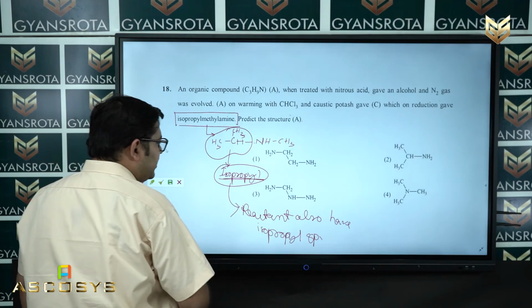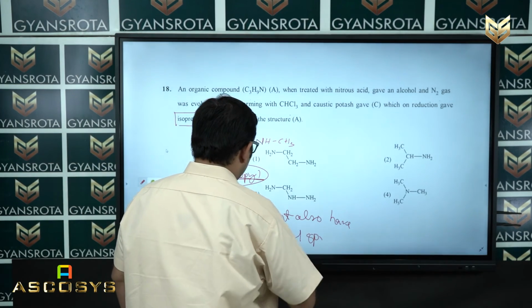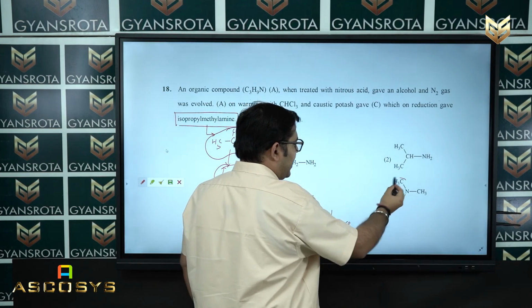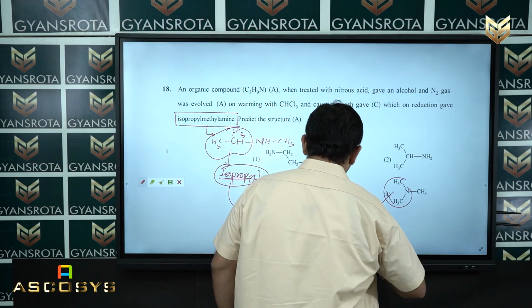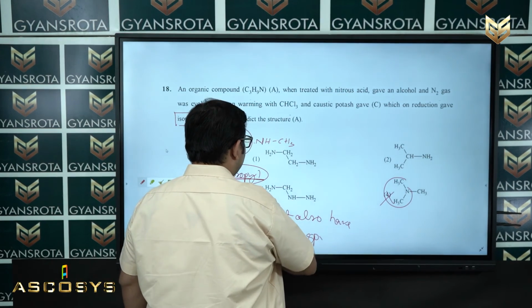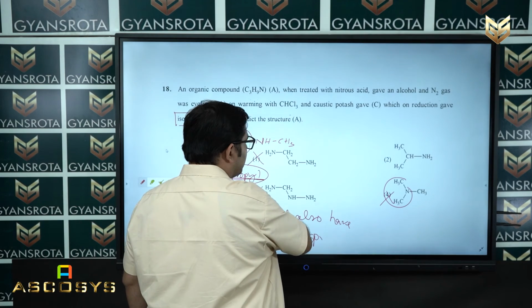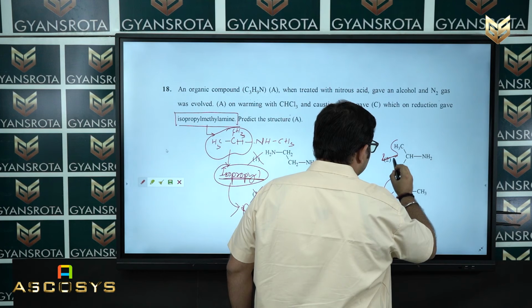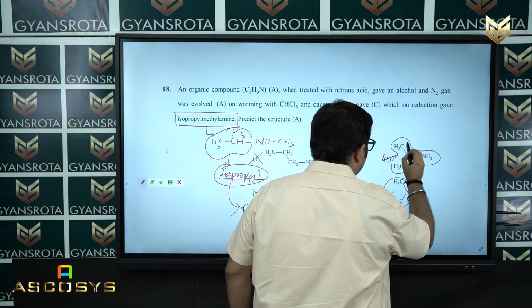Now, in your options, where do you find this isopropyl group? This is not an isopropyl group, this is not an isopropyl group, here also not. Only one option, option number 2, has this isopropyl group, this part.